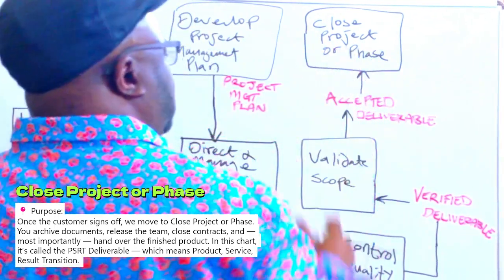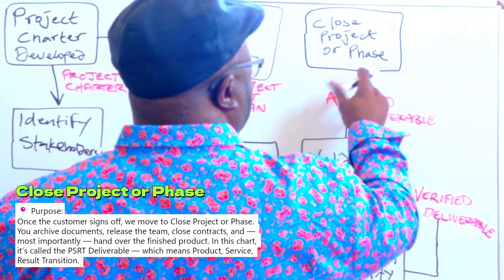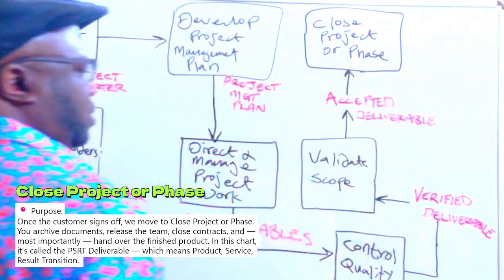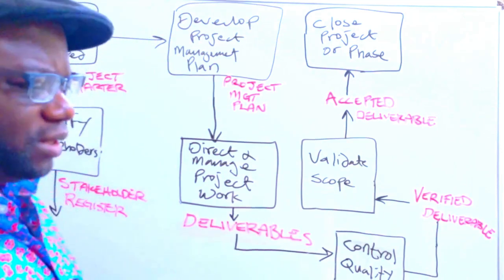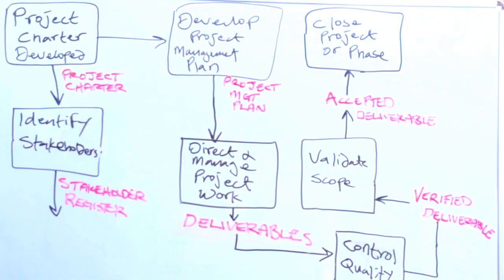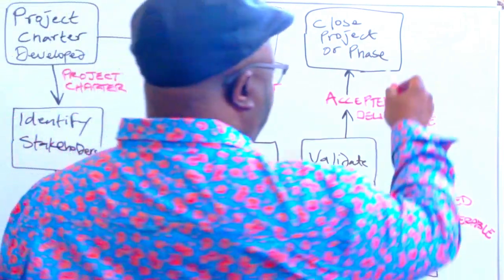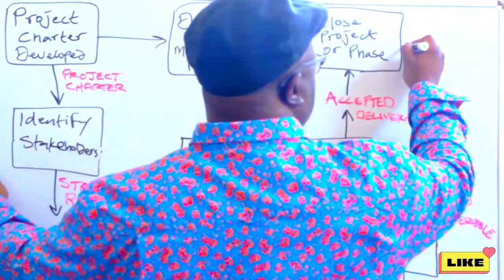And as this goes into close project or phase, the final thing that needs to happen is a deliverable transition. The PMI in the PMBOK 6, they would call it product, service, or result transition. We're just going to make it simple here. And this is a terminal process.